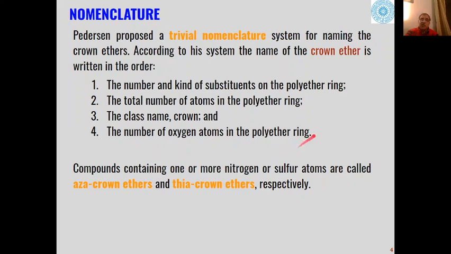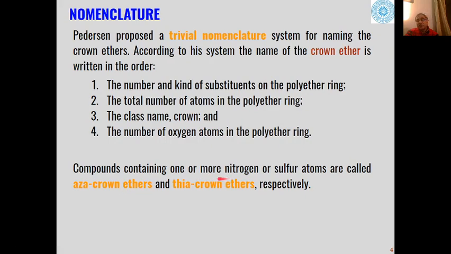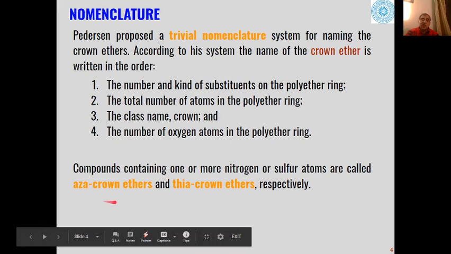That is how the trivial nomenclature of crown ethers was proposed by Pedersen. In addition to crown ethers, if these polycyclic ethers contain nitrogen or sulfur in addition to the oxygen, then these are called azacrown ethers if nitrogen is present, and thiacrown ethers if sulfur is present in addition to oxygen.